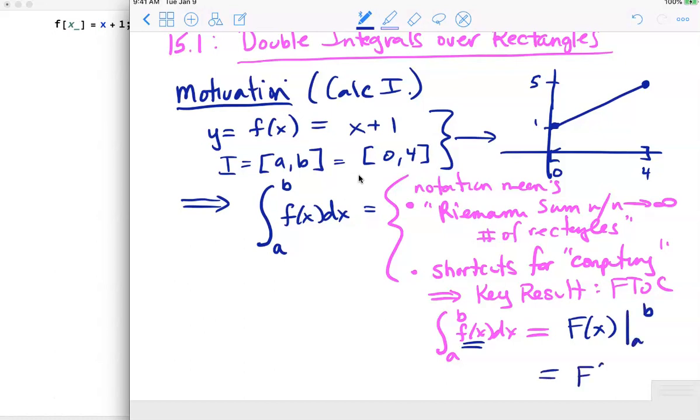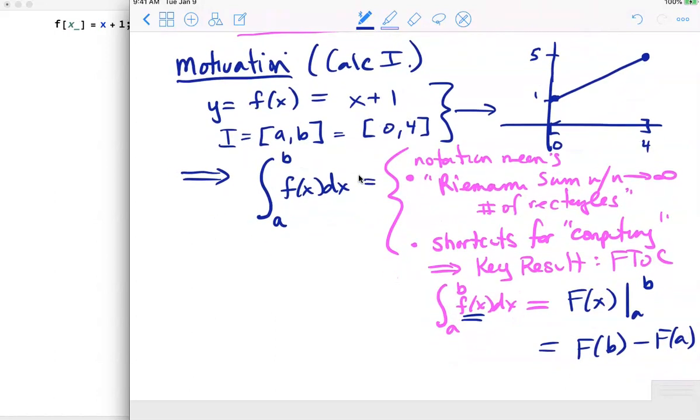So this would be the antiderivative at b minus the antiderivative at a. So we had a key result for computing the integral using the fundamental theorem of calculus.